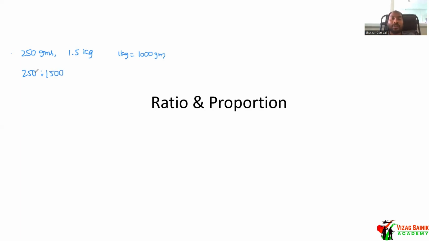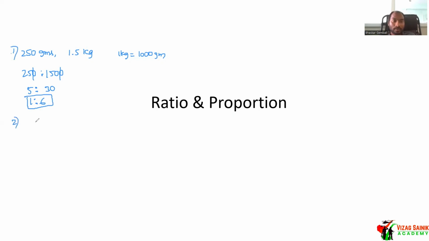Write as a ratio. We will not get any common factor. First cancel the zeros. Both come in the 5 table. 5 fives are 25, 5 thirties are 150. Once again both are in the 5 table. 5 ones are 5, 5 sixes are 30. The ratio will be 1:6.